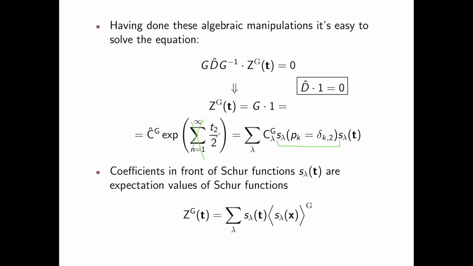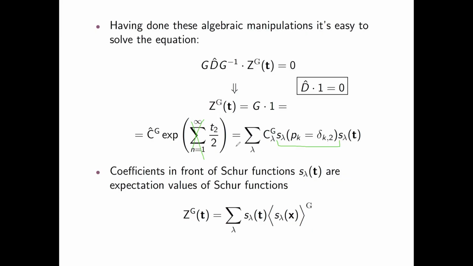So I may think of it as if I had the sum over here, but then I just input a Kronecker symbol delta K2, and then it all gives me just the second variable over here. So it turns out that the partition function is an action of an operator which we know in a certain basis on a very simple function, and this allows us to just algebraically, in a straightforward way, to prove this property.